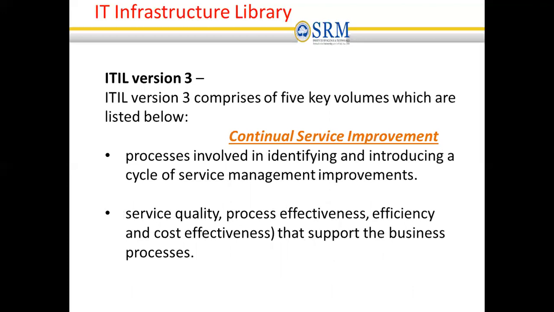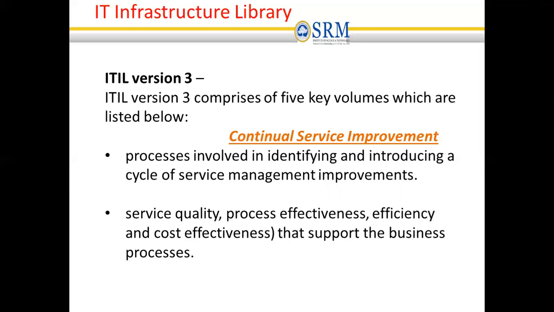So coming to another volume of ITIL version 3, which is continual service improvement. Improvements in service quality enable the business to survive in a competitive environment and help in achieving the best possible outcomes.